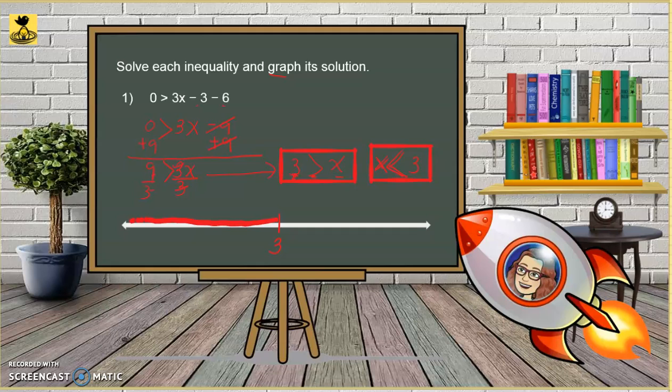You can trace or use a different color to show that your graph is going to the left, since the value of x is less than 3. We can also indicate an open circle here, which means the 3 is not included in the solution.